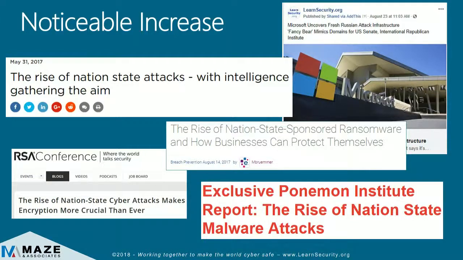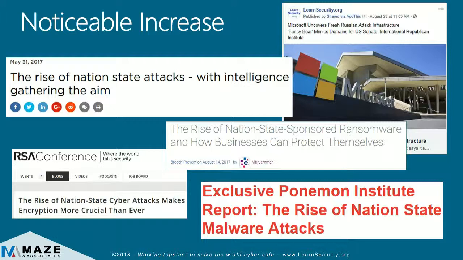Seeing this increase is nothing new. This has been around for a long time. We've seen it and talked about it years before this, and it really is just ongoing espionage and warfare taken to the next level.